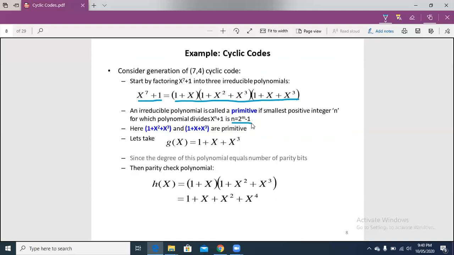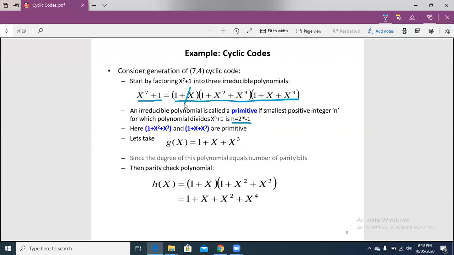If we choose the value of m as 3, then this criteria will be satisfied, because 2 raised to power 3 is 8, minus 1 is 7. So those polynomials, if irreducible, are the primitive polynomials.